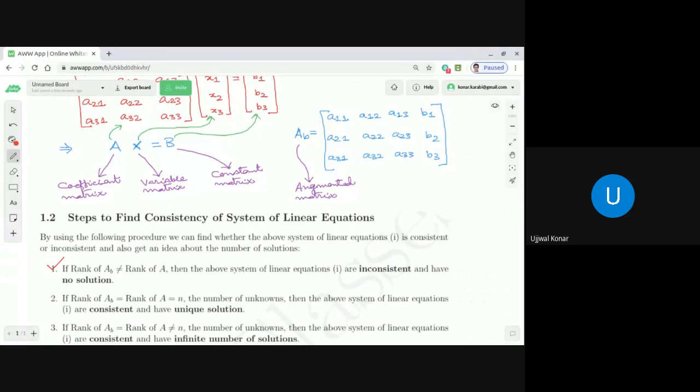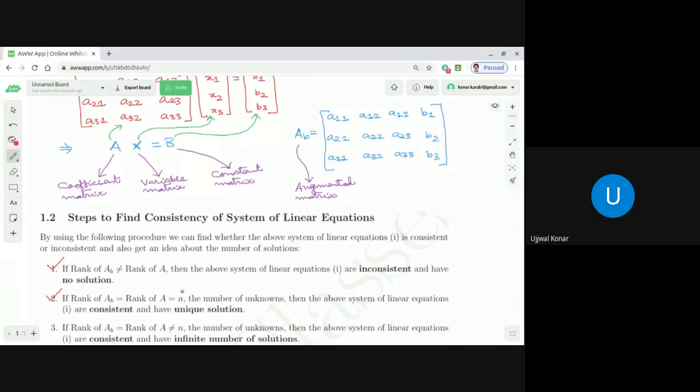Now, if the rank of the augmented matrix is equal to the rank of the coefficient matrix, that is, rank of AB is equal to rank of A, and that is equal to n, the number of unknowns. In this case, it is 3. How many unknowns are there in the equation I took? There are 3: x1, x2, x3.